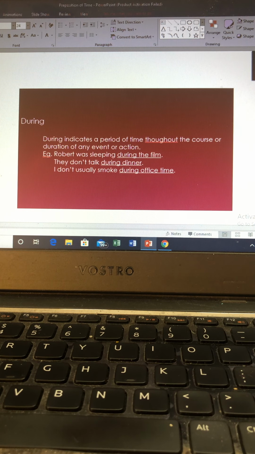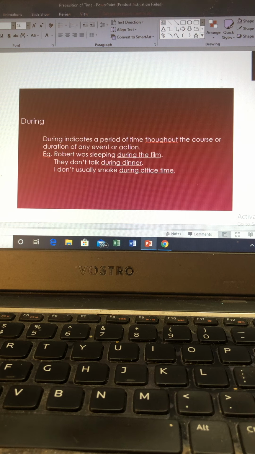So from 3 to 6, when the movie was going on, Robert was sleeping during the film. For this entire period from 3 to 6, the person was sleeping. So we describe this period using "during."